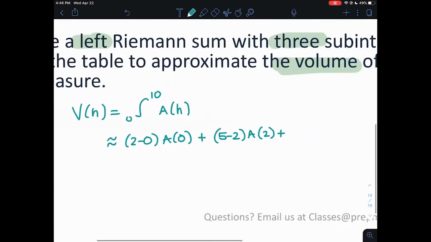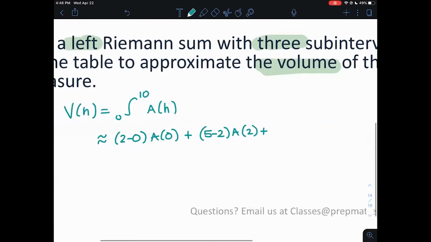And my third interval will have a width of 5, and I want a of, which one do I want? 5. And again, that's because it says left in the question. Left is determining this part right here. If it said right, then I would use a of 2, a of 5, a of 10. But I don't want that.